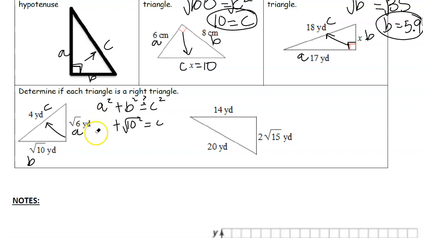so A is square root of 6 squared. Okay? So you can put parentheses, and then C squared is 4. Alright, so what you're going to do on the calculator, you're going to put parentheses, second square root of 6, parentheses, and then square root.